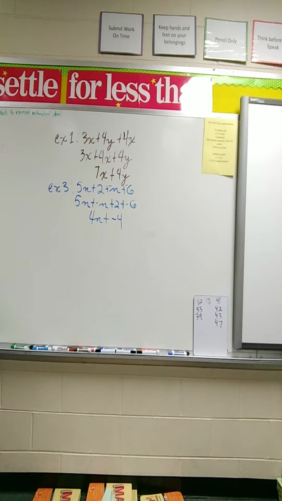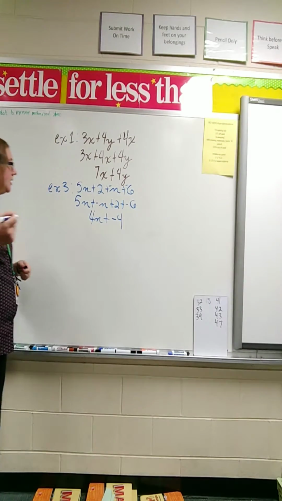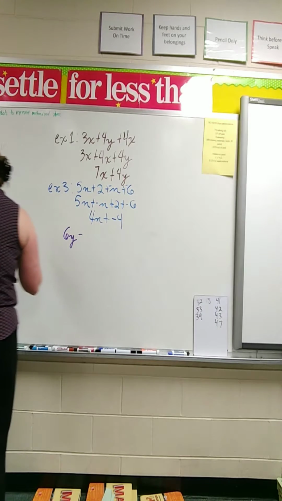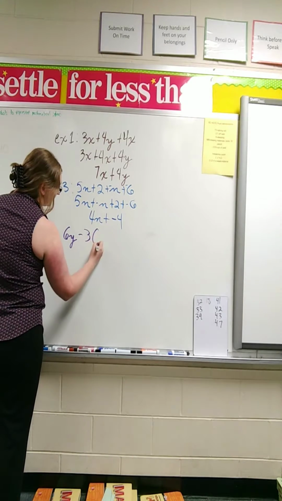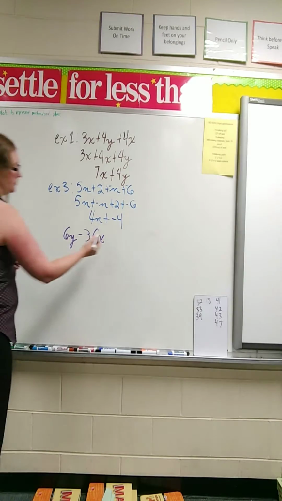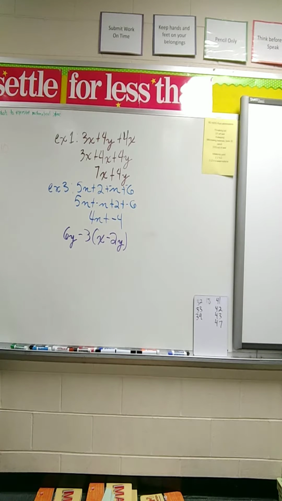Let's look at this one. 6y minus 3 times the quantity x minus 2y. 6y minus 3 times the quantity x minus 2y. Stop.